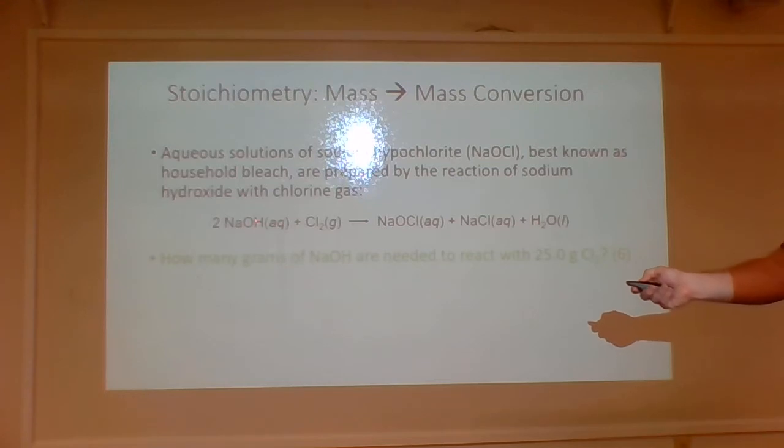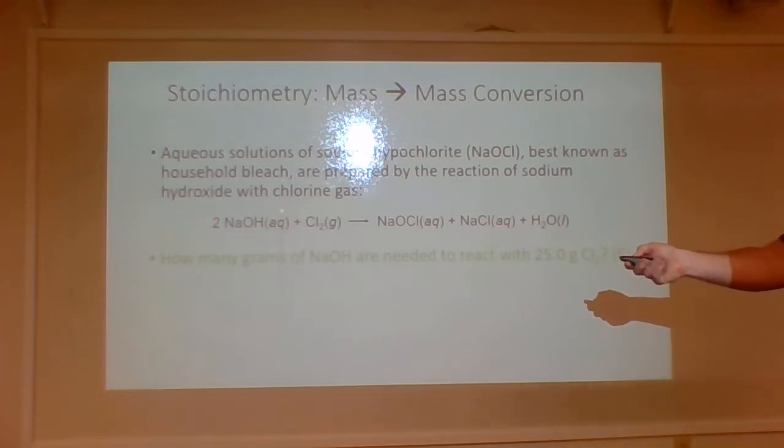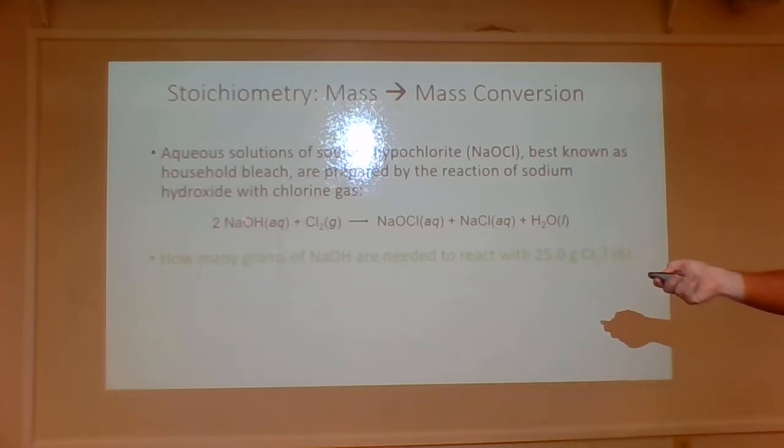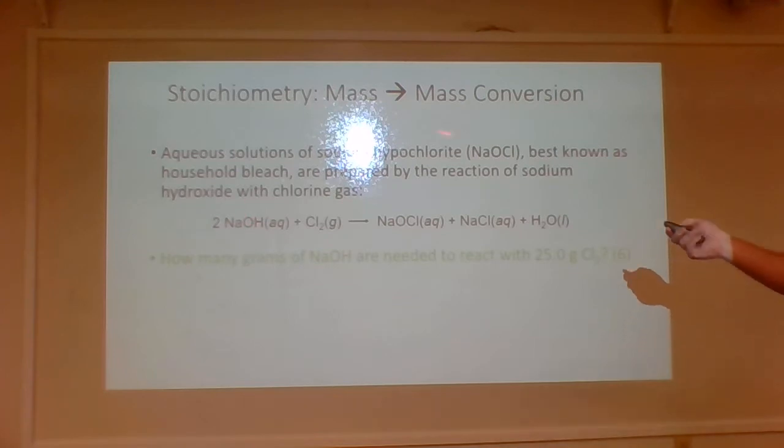We have two oxygens, because remember that the 2 coefficient gets transferred to every different atom within that molecule. So we have 2 oxygens on the left, and 1 oxygen plus 1 oxygen is 2 on the right. We have 2 hydrogens on the left and 2 hydrogens on the right. We have 2 chlorines on the left and 2 chlorines on the right. So we've confirmed here that we have a balanced chemical equation.